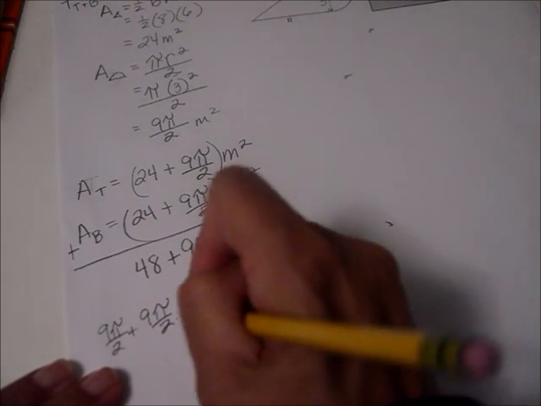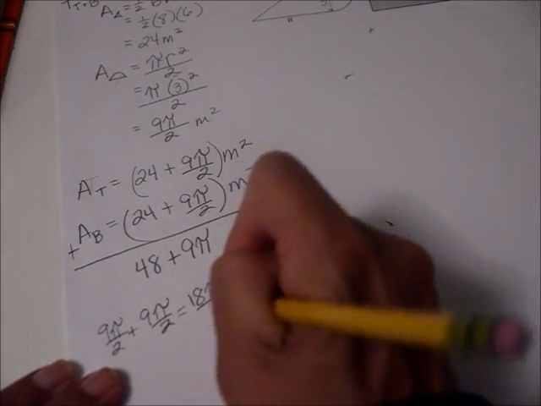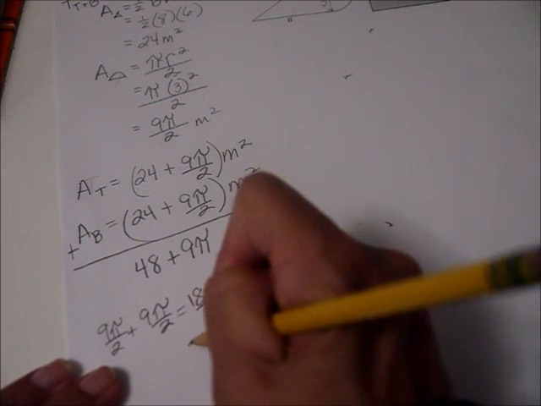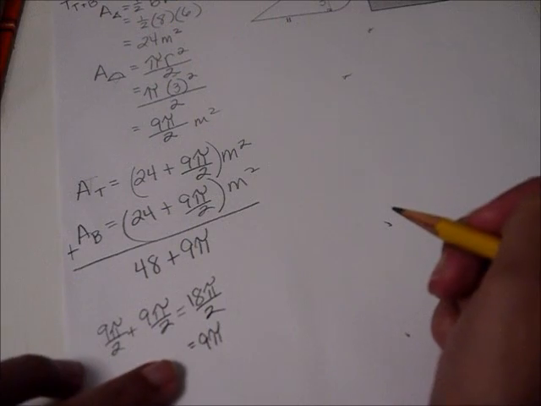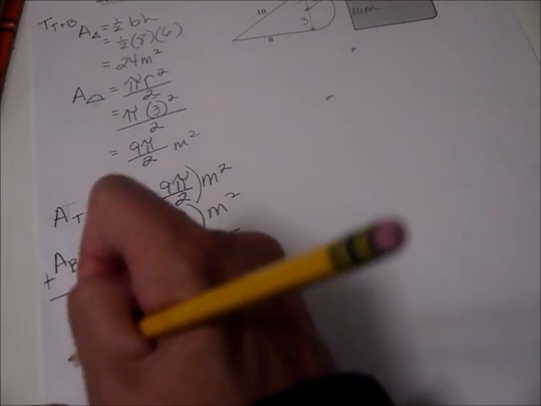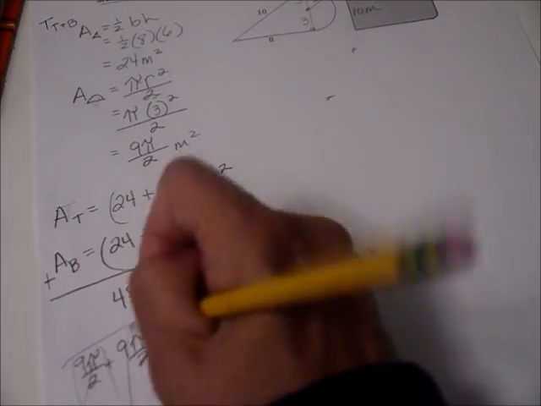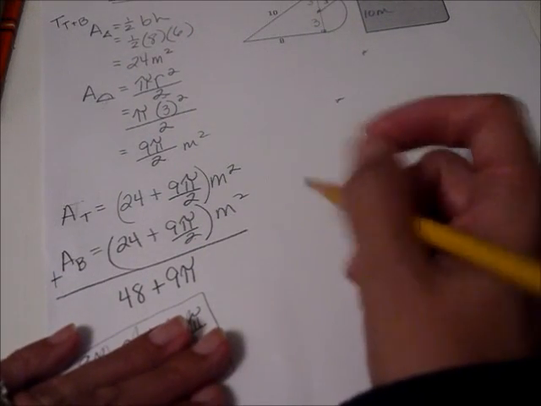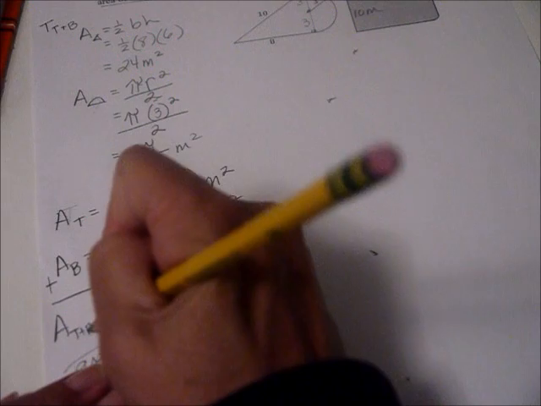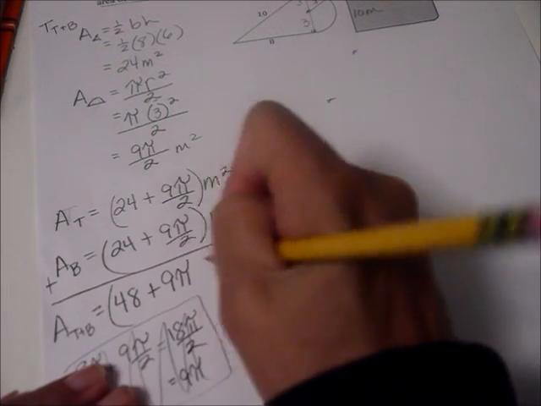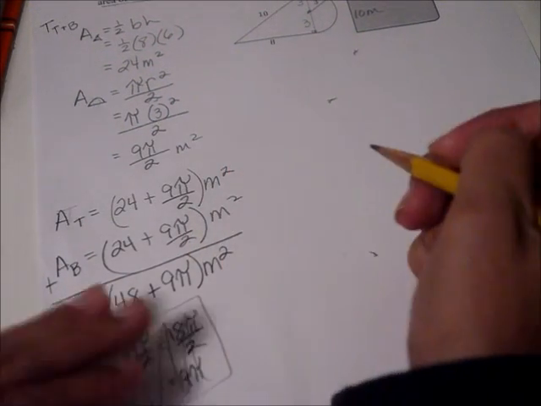Okay, that equals 18 pi over 2, which reduces to 9 pi, in case you're wondering where this came from. So I'm going to cross that out so you don't get confused. So the area of the top plus the bottom equals 48 plus 9 pi meters squared.